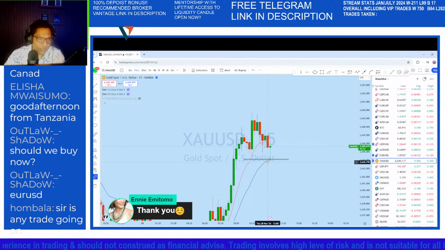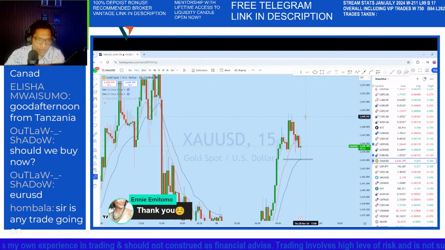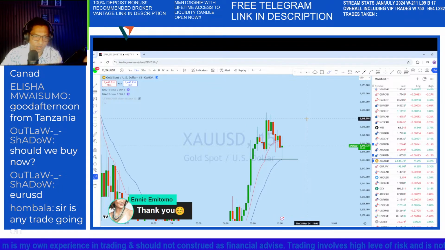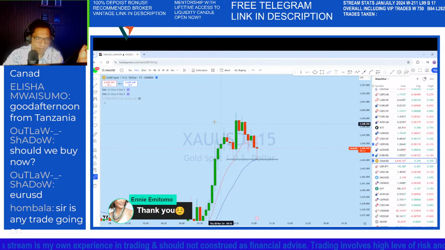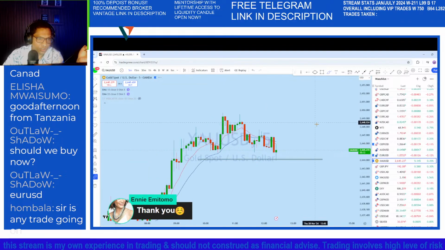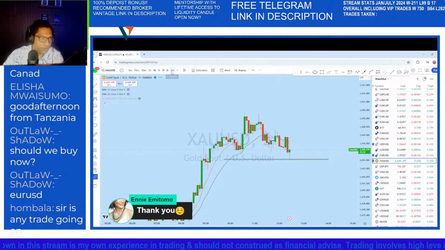Okay, so we can see there is a liquidity grab in that area on 15 minutes, and boom, there might be a bounce here. We see multiple liquidity grabs, but I would like to wait to see a complete potential breakout.